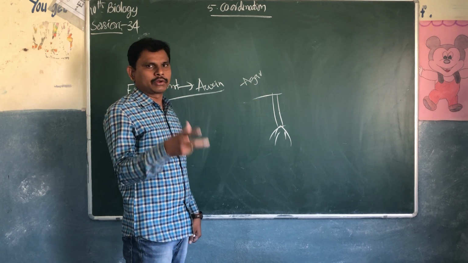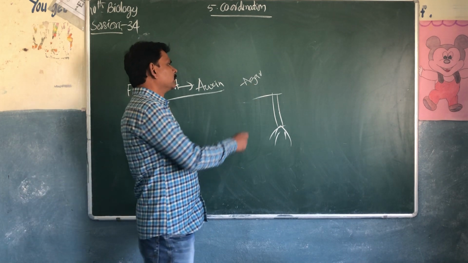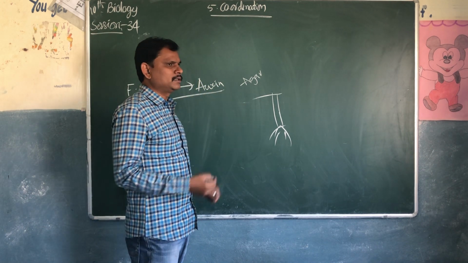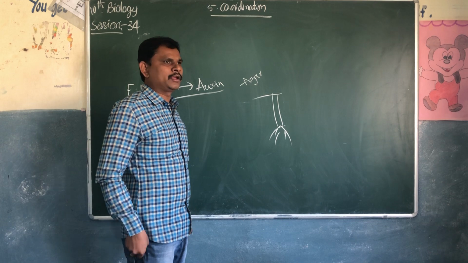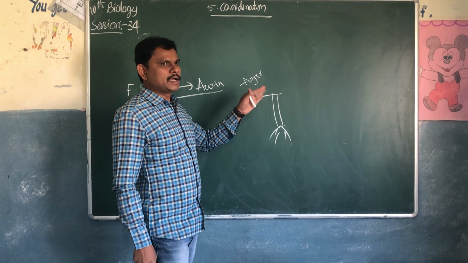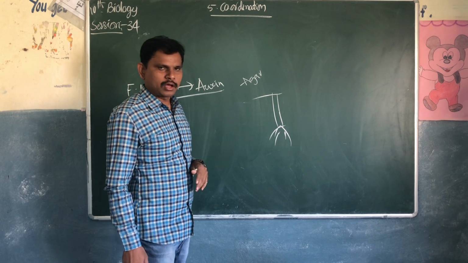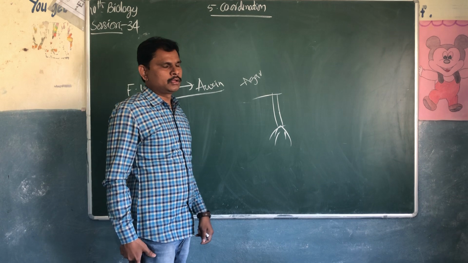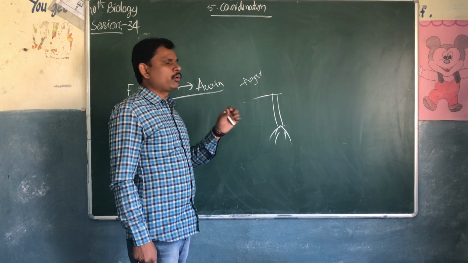He kept them in a dark room. Where the agar block was kept, the stem started elongating. Where the agar block was not attached to the stem, he could not observe the growth.